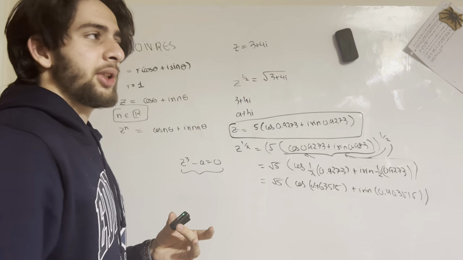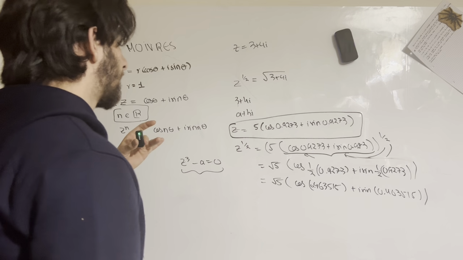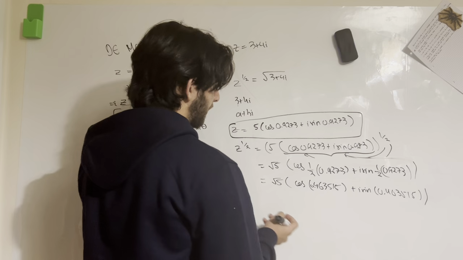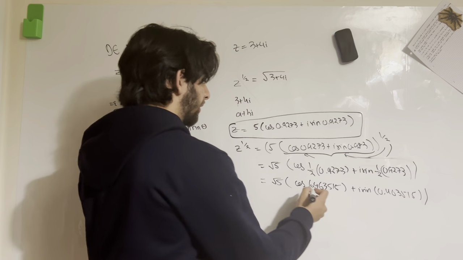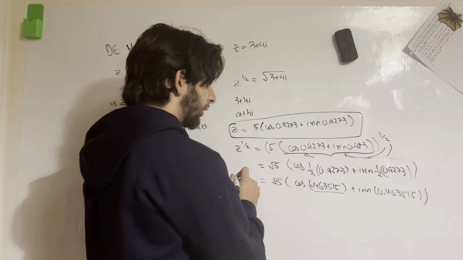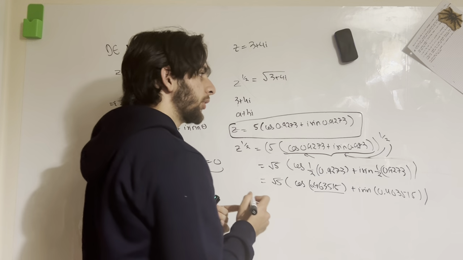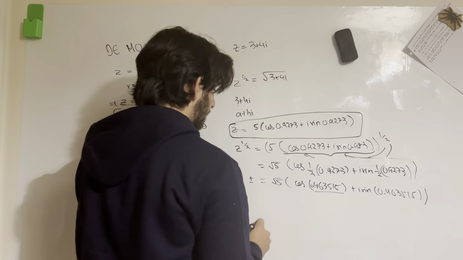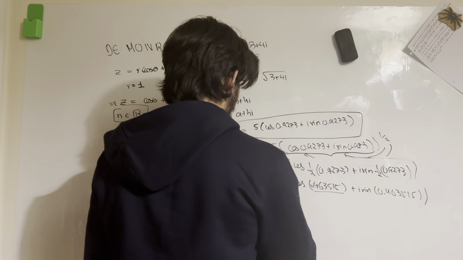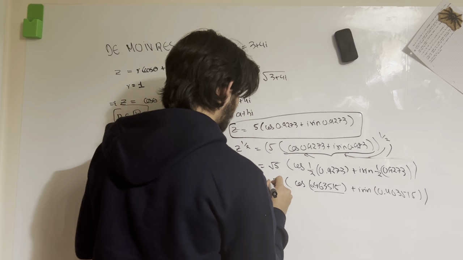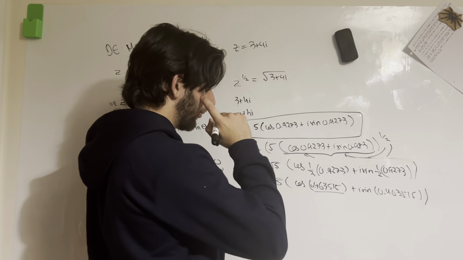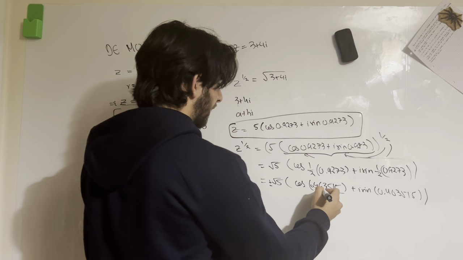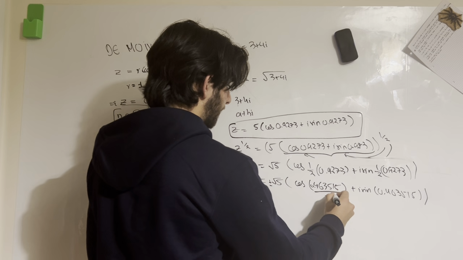But the other interesting thing is that your other answer is just going to be this plus pi. So what you're going to be considering is plus or minus this entire expression. And another answer that you could have is this plus pi.